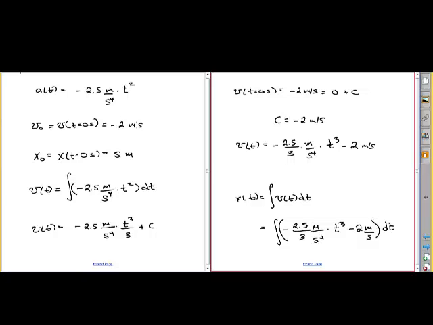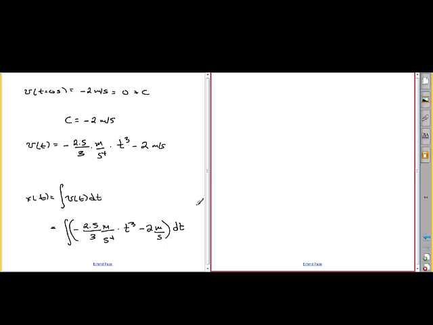And again, the dt is to tell us what variable we're integrating with respect to. So you bring your constant out front and the units. You integrate t cubed. Well, the integral of t cubed is t to the 4th over 4.